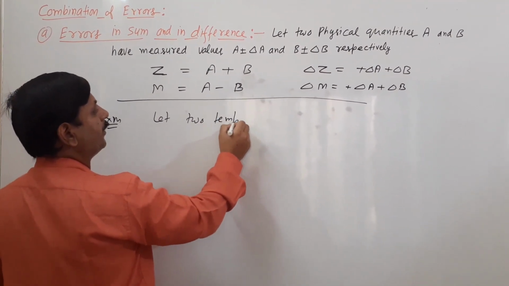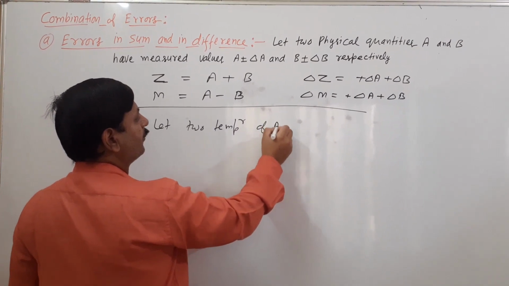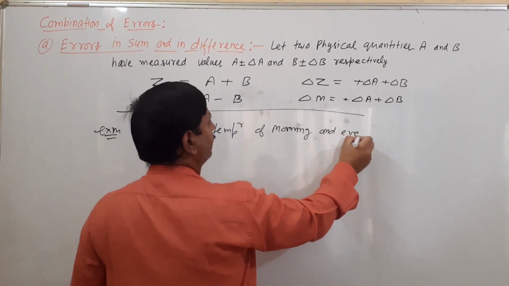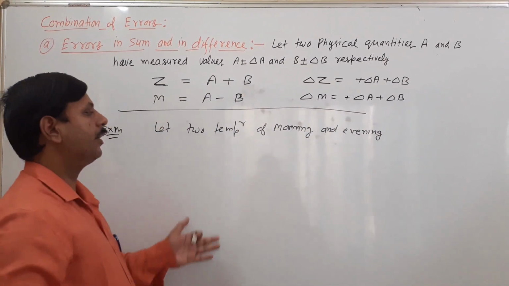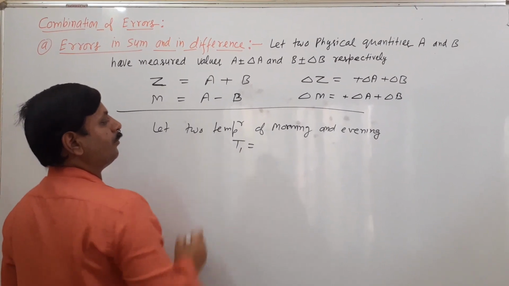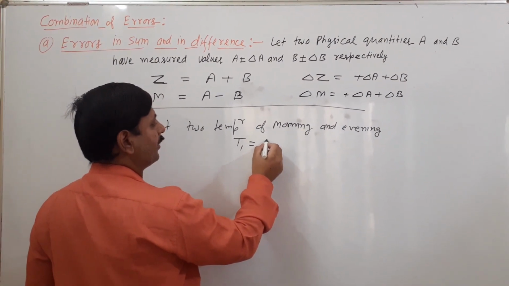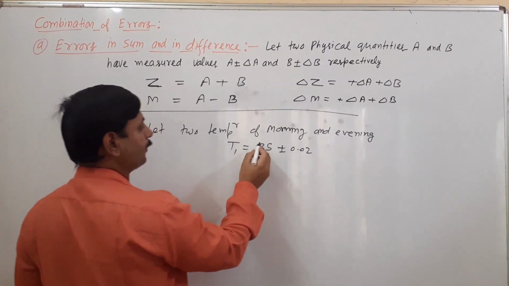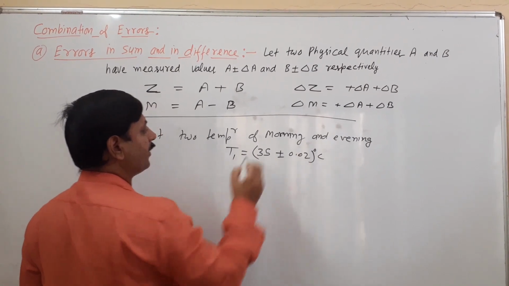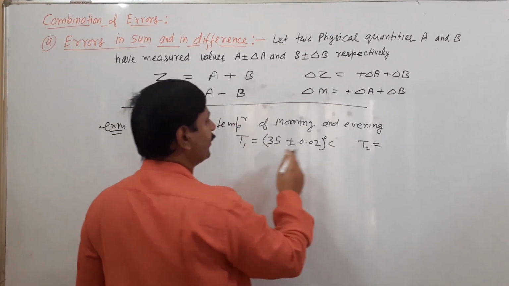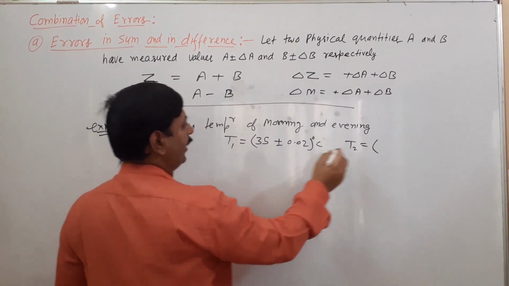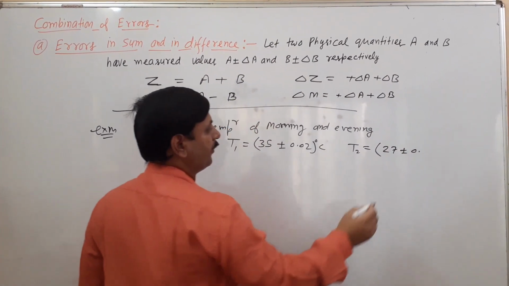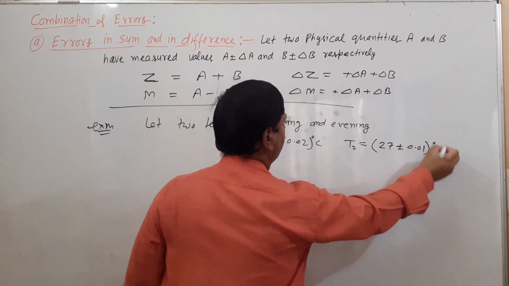We measured the morning and evening temperature. The morning temperature T1 is 35 degree plus minus 0.02 Celsius, and the evening temperature T2 that anyone has measured is 27 degree plus minus 0.1 centigrade.